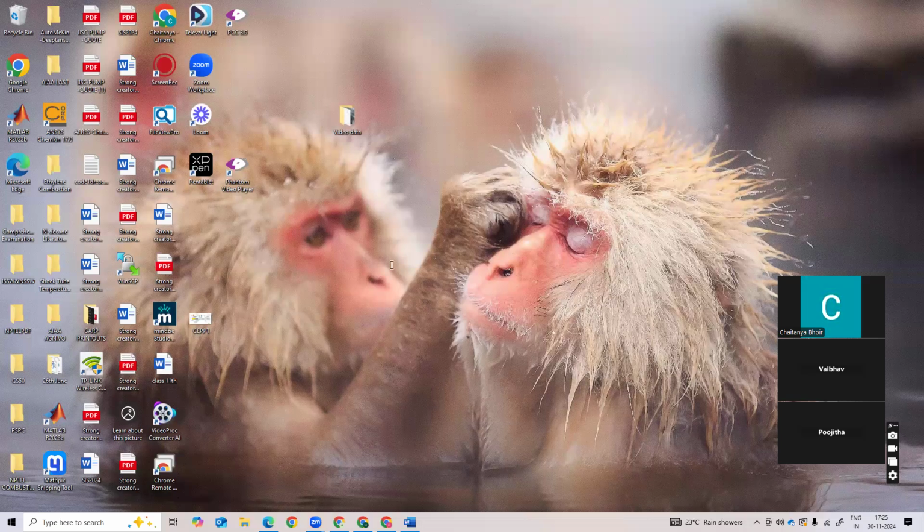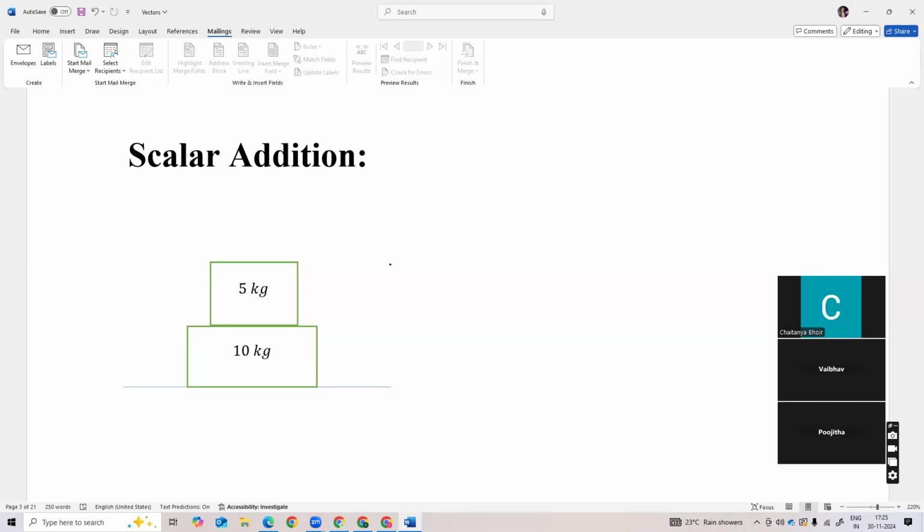Let's see the scalar addition. You know that the mass of the first object is, let's say, m1 equal to 5 kg, and m2 is equal to 10 kg. So the total mass is 5 plus 10 equal to 15 kg.